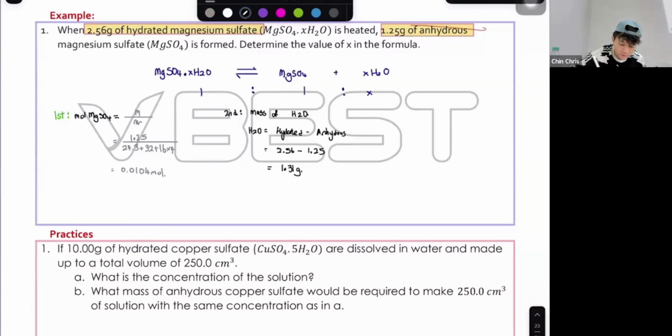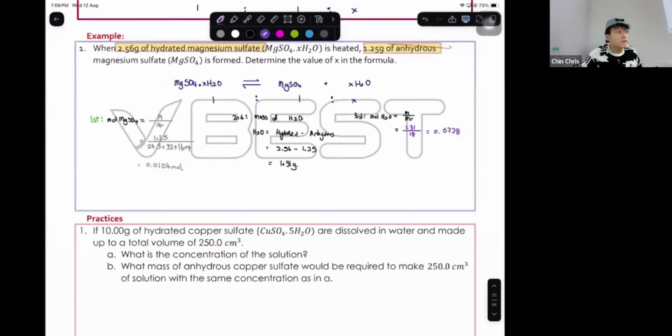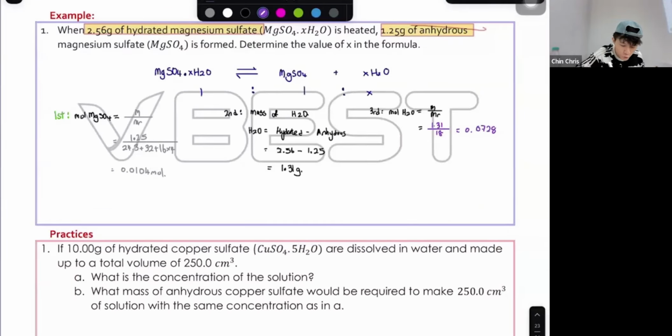Okay, you get 1.31. Let's start. I get 0.0728. Is that right? 0.0104. All good, guys. Last step, do the ratio.